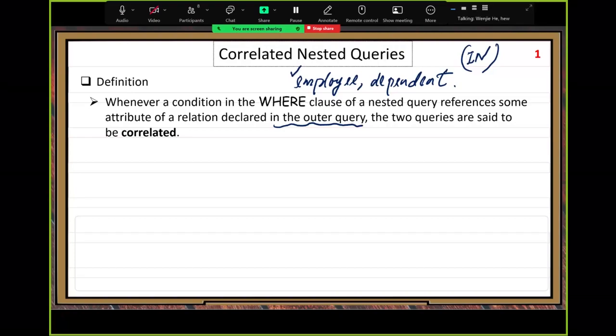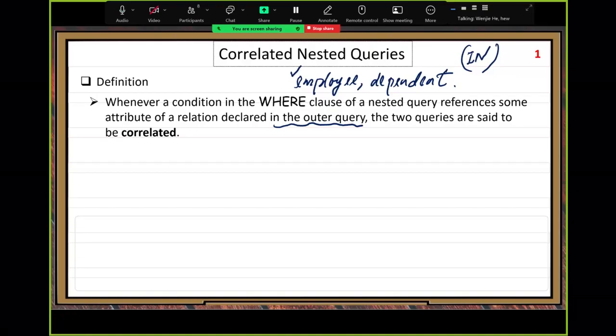Where SSN in, then in parentheses another query, select ESSN from the dependent table.